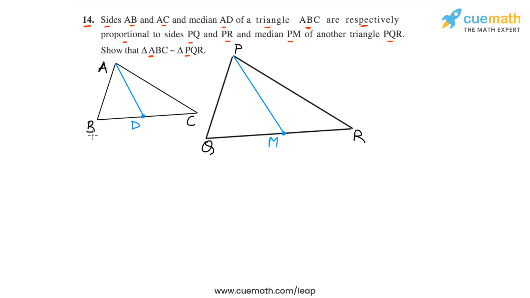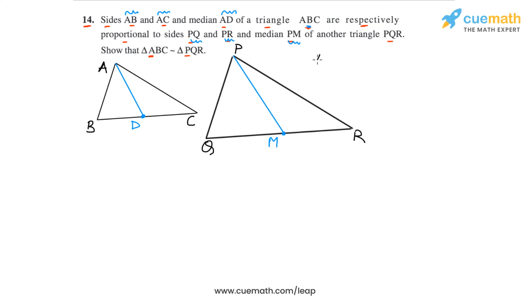So here are two triangles ABC and PQR, in which AD and PM are respectively the medians, and we are given that AB, AC and AD in the first triangle ABC are respectively proportional to PQ, PR and PM of the second triangle PQR. So let's write this fact.